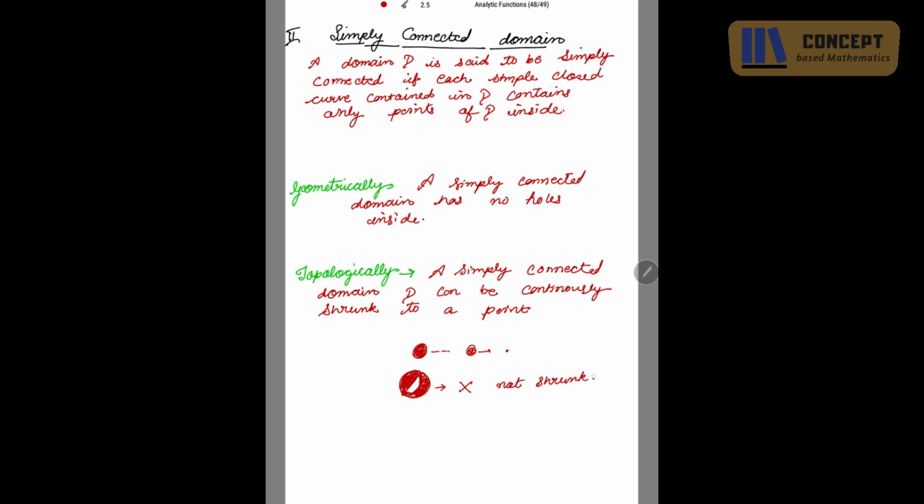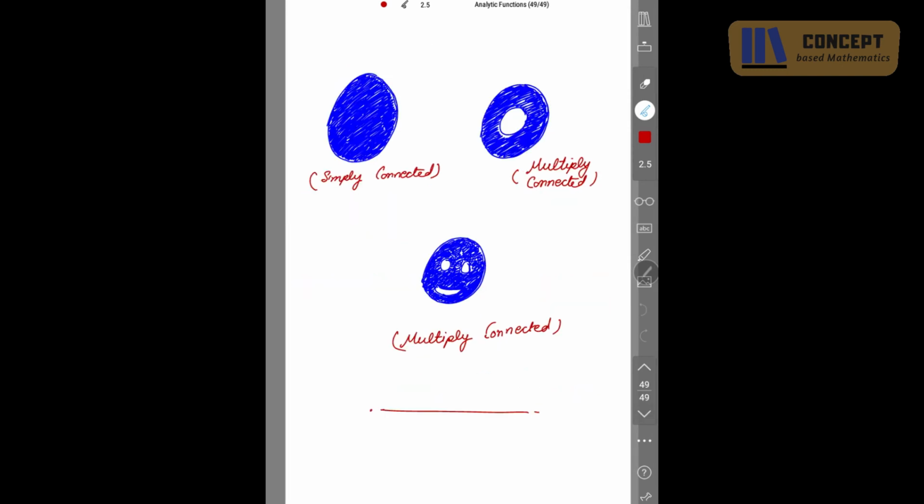So this is your topological view. So next let's look at the example. In the first one, this is a simply connected domain, and in the second one it is not simply connected, it is multiply connected, and there is a cusp over here, that is also multiply connected where these points are not included.